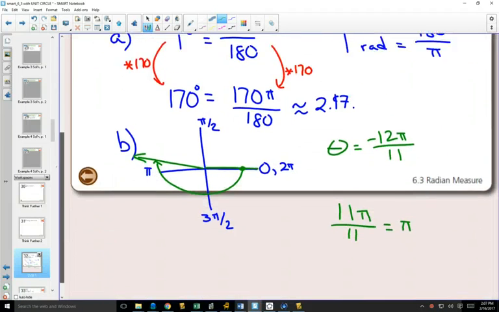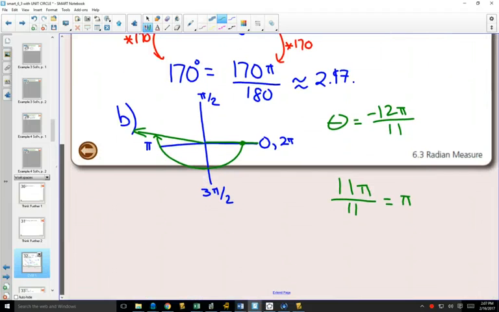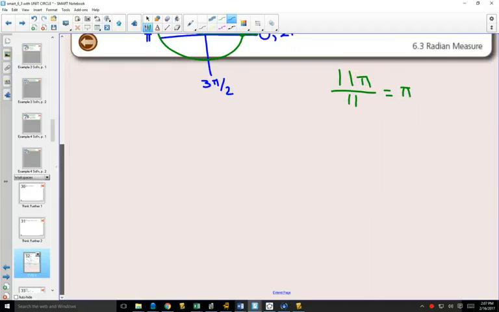We want to figure out what is that angle in degrees. So when changing an angle from radians to degrees, we'll start with negative 12 pi over 11, and this time we're going to multiply by 180 over pi. So when we changed from degrees to radians, we multiplied by pi over 180.